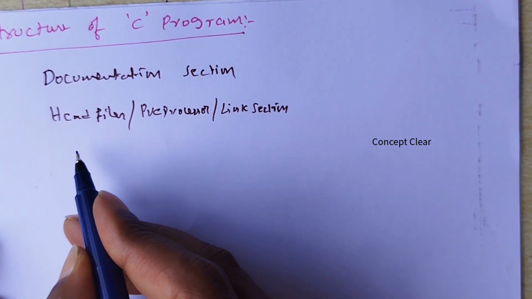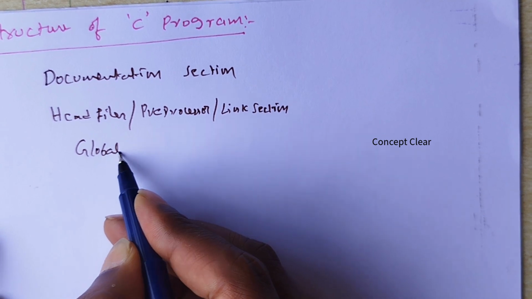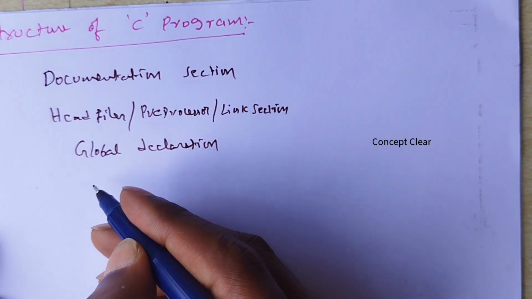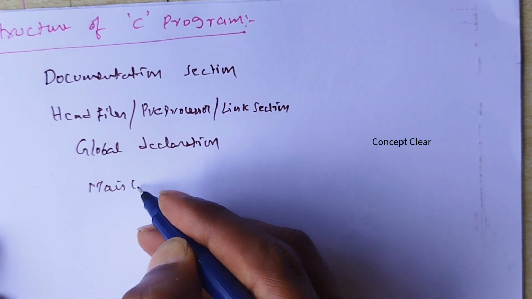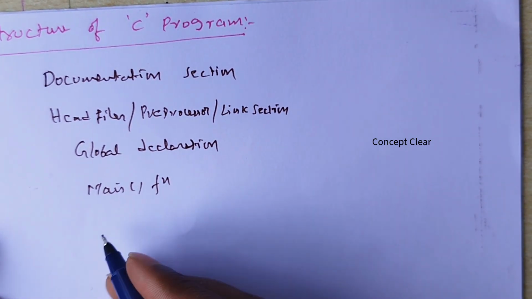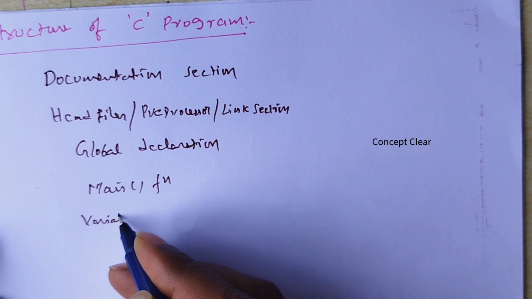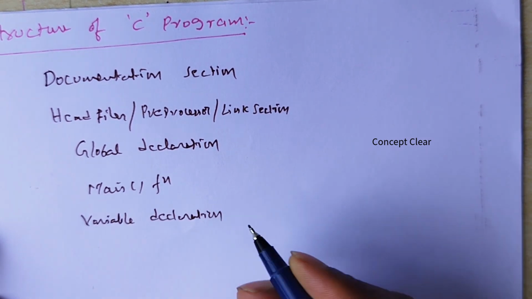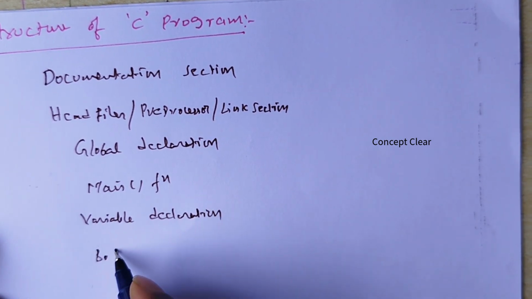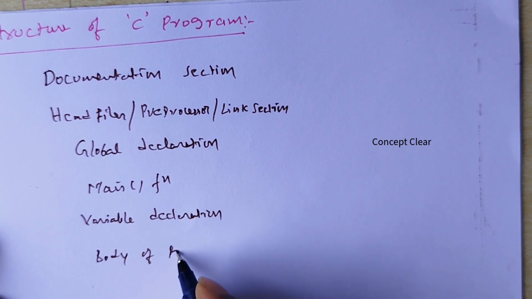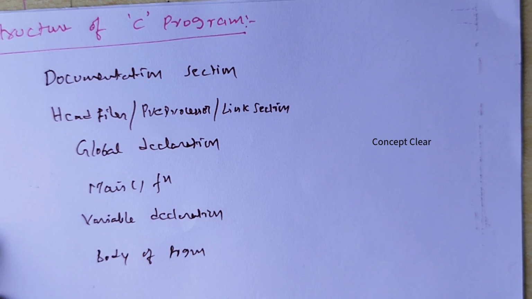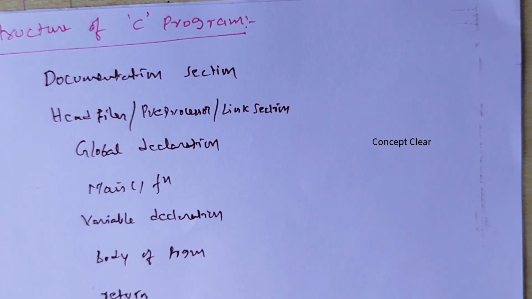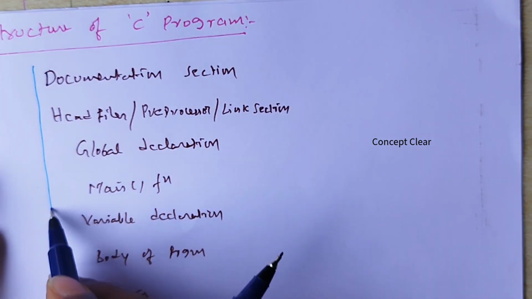Next is global declaration, then the main function, then variable declaration, then the body of the program, and the last one is the return statement. This is the structure of the C program.